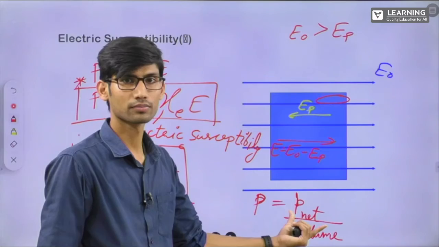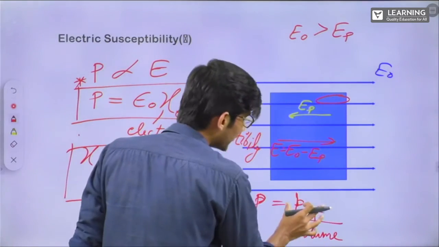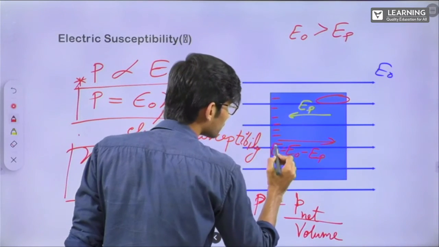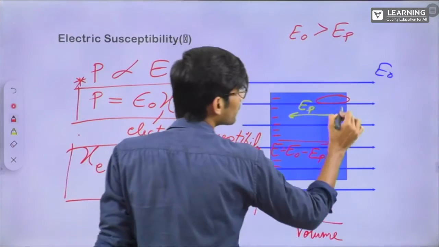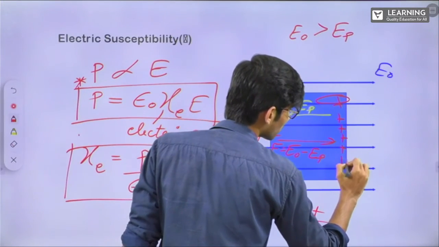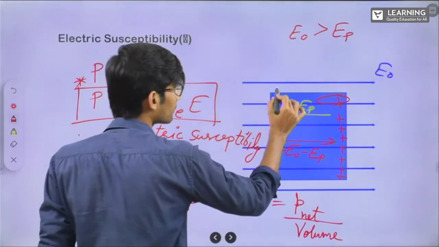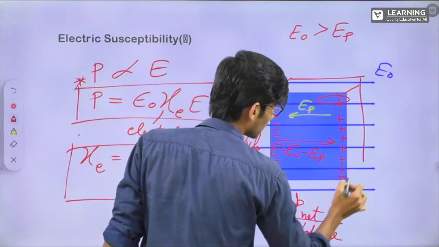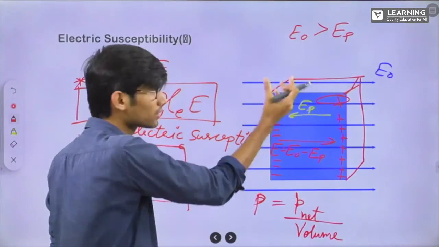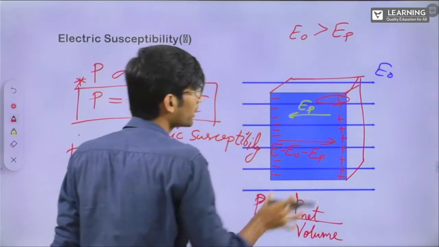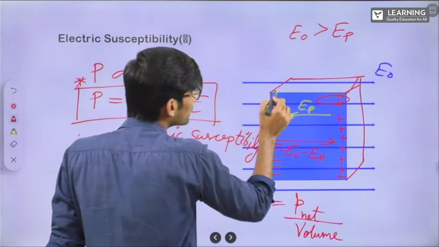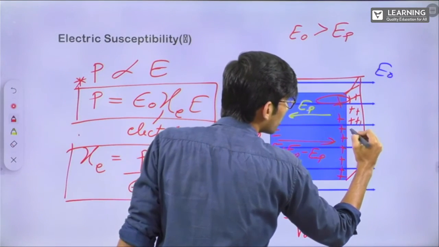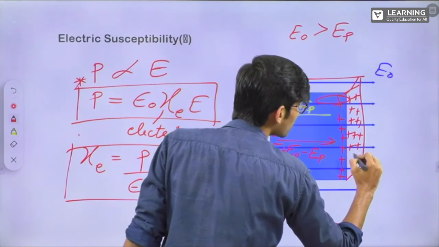Now see, net dipole moment. I told you this side will have a negative charge and this side a positive charge. If I make it 3D, this is a dielectric material, a cuboid kind of thing. So now this surface will be negatively charged and this surface is the one which is positively charged, correct? Because the electric field is passing through these surfaces only.